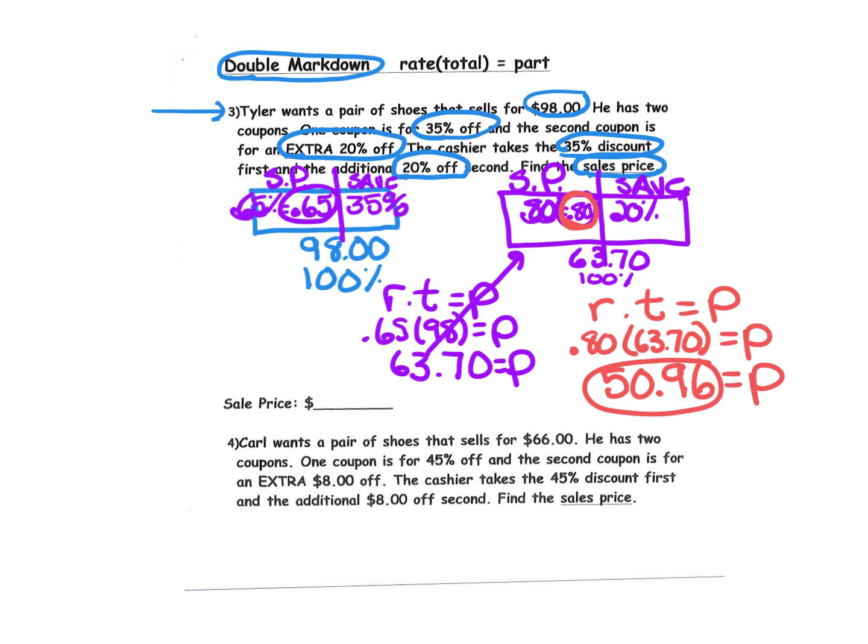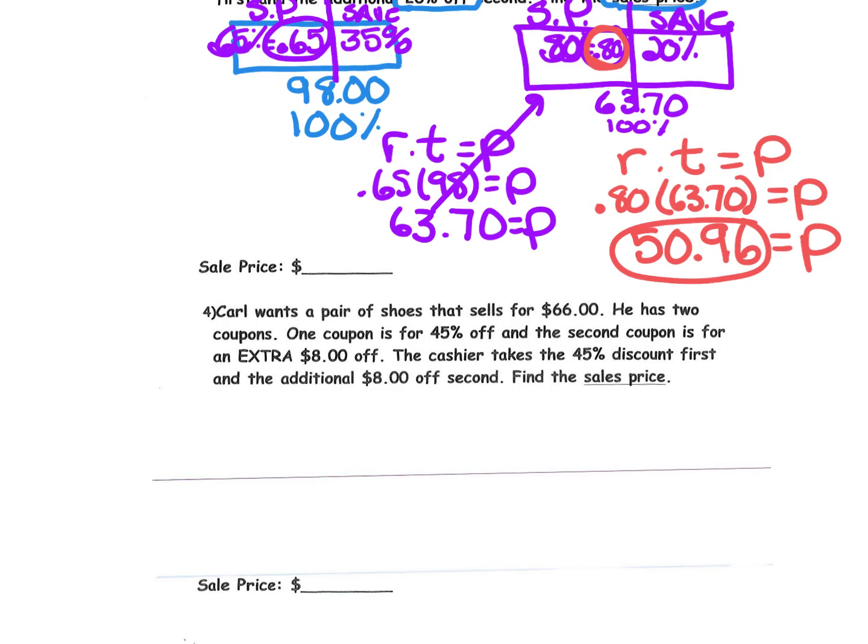Let's take a peek at question number 4. Question number 4. Carl wants a pair of shoes that sells for $66. He has 2 coupons. One coupon is for 45% off, and he'll use that first. And the second coupon is for an extra $8 off.